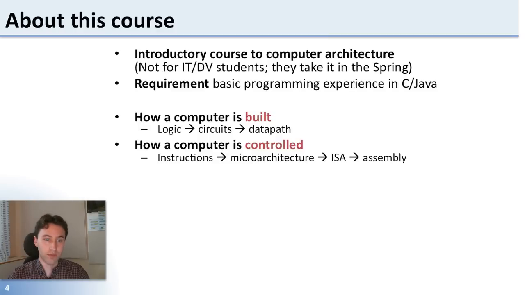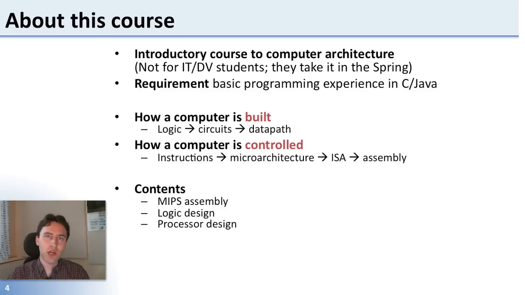language programming. The contents of this course, in general order, are starting out with MIPS assembly language. This is going to be your first lab assignment, and this is what we'll spend the first 3 lectures working on. Then we're going to talk about logic design and how you use this to build a processor. We're going to start out with a single cycle processor and then go into pipeline processors.